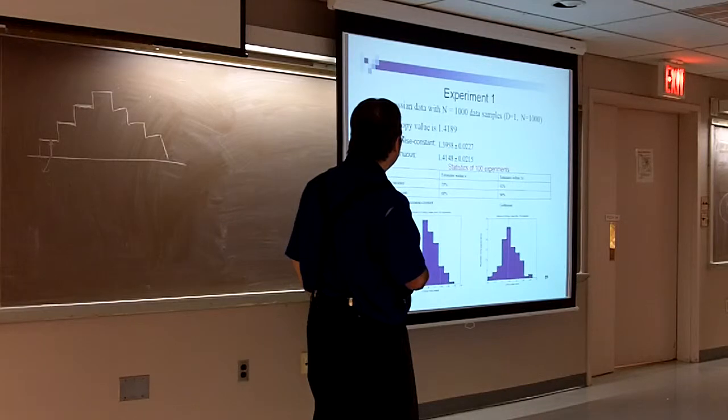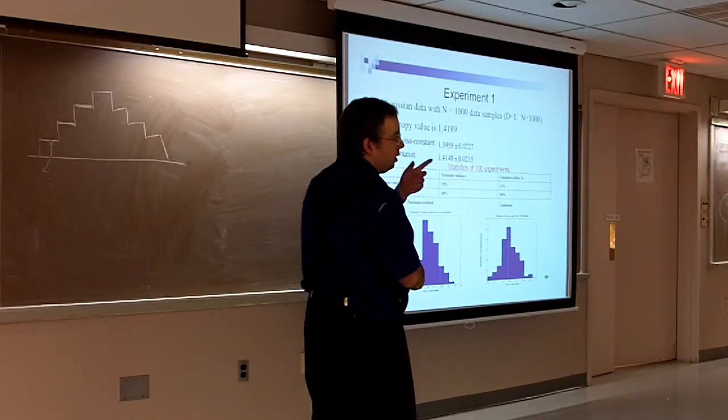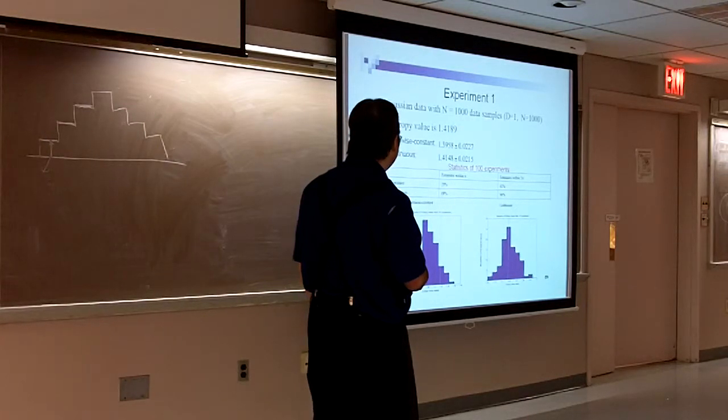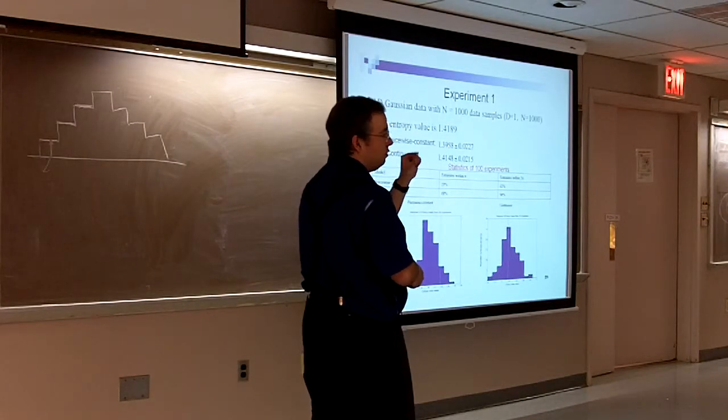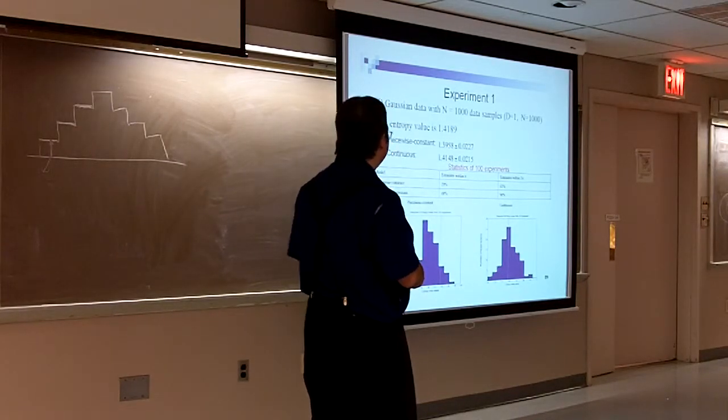The piecewise constant model has very poor results, as you see. So that might be due to that reason. Estimates within one standard deviation, the error bars, is 29%, which is very low.